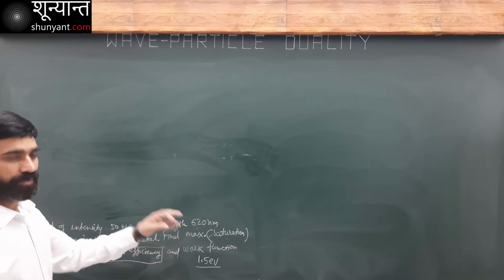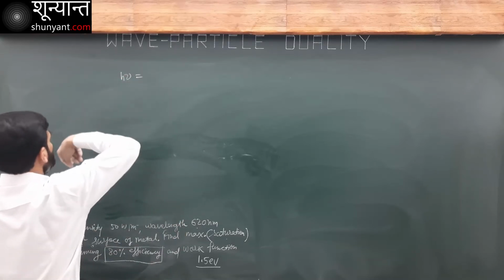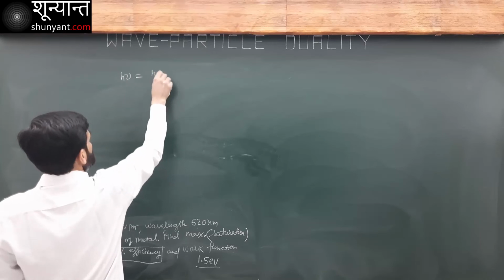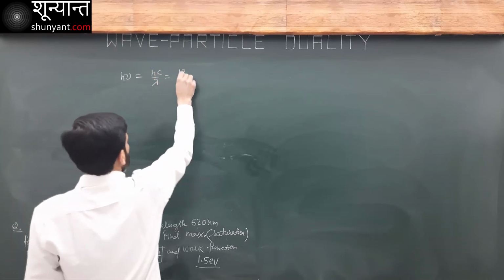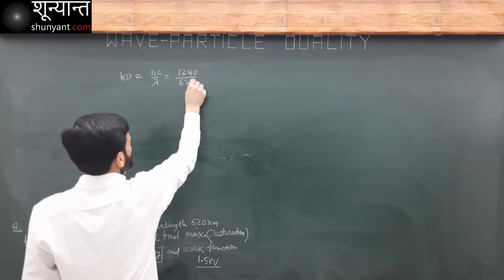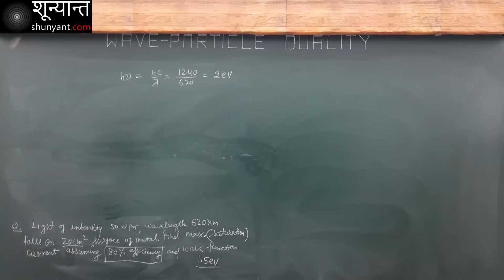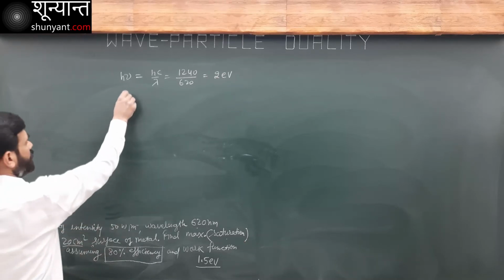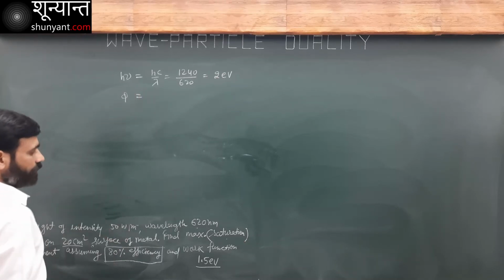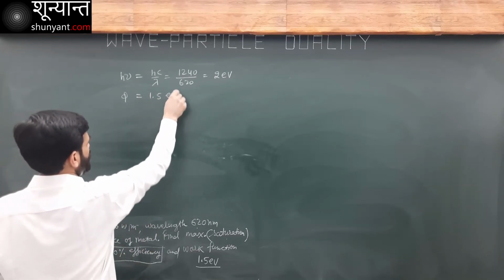and work function. Okay. First of all, let's calculate energy. h nu is equal to hc over lambda, 1240 over 620. This becomes 2 electron volt. Okay, phi is equal to 1.5 electron volt.